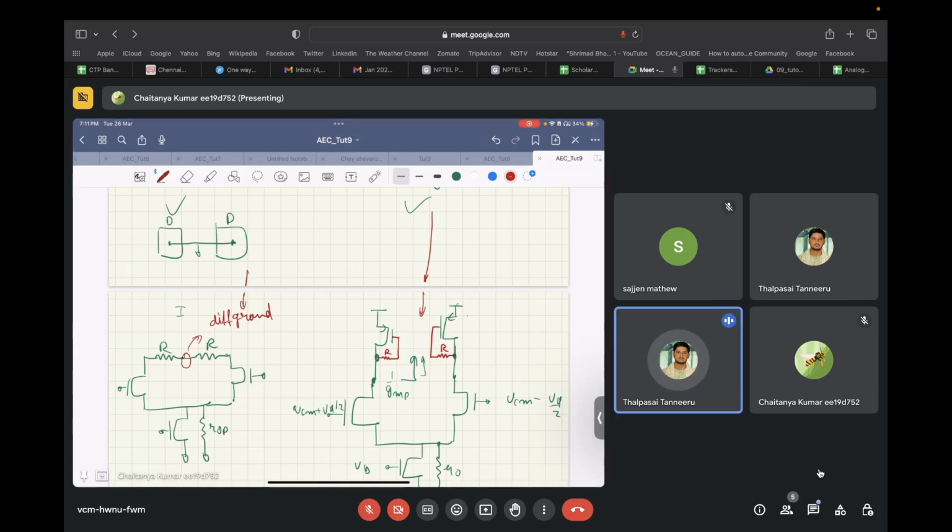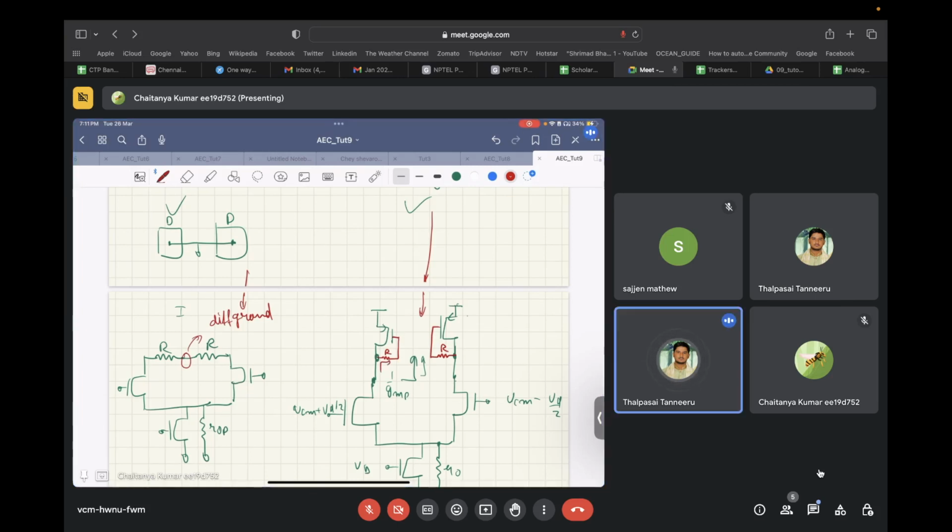There will be a change, sir. What change? Resistance is added, so the effective 1 by GM in series will have R come in. Will there be any current flowing in this direction?